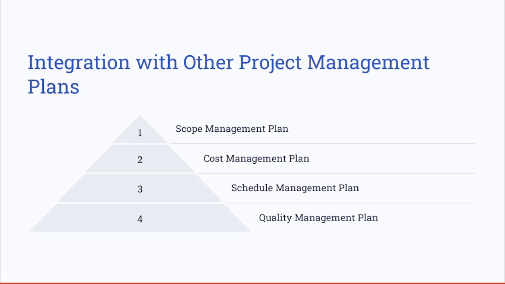Also, it will impact quality management, since you might have identified some of the quality requirements in the scope. So you need to transfer these requirements from the scope management plan to the quality management plan. And this integration ensures that the scope decisions align with the other aspects of the project, promoting consistency and cohesion.